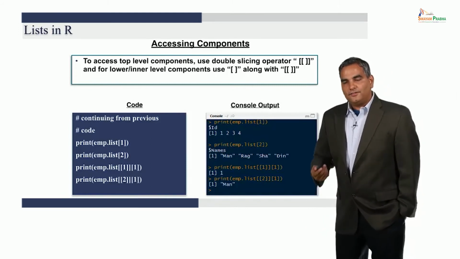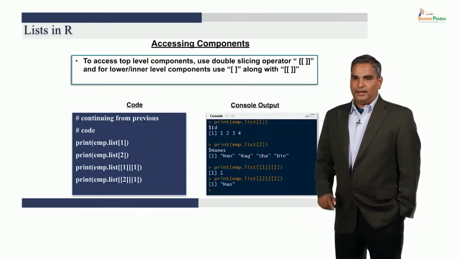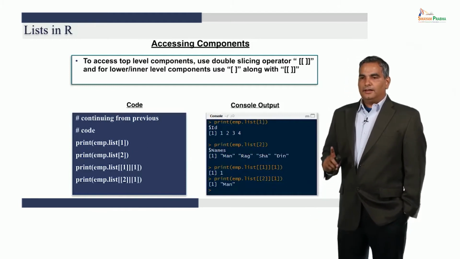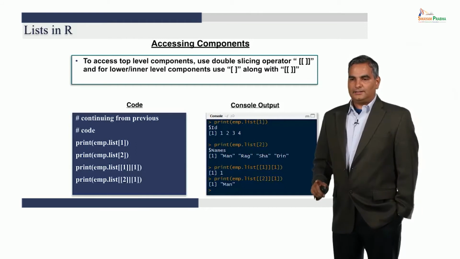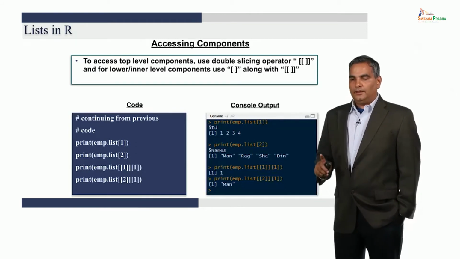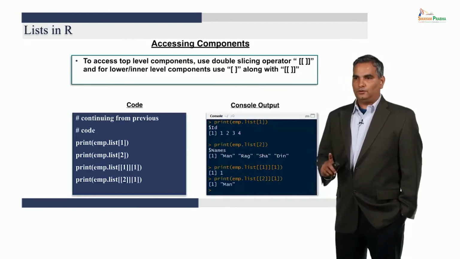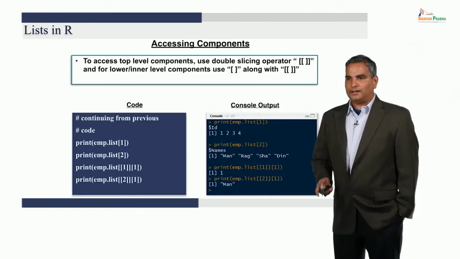Now there are other ways of accessing the elements also without names. The syntax is very, very simple. A list has several objects. Let's say it has 10 objects. If you want to access any one of these objects, the first level access is through double square brackets that we see here.